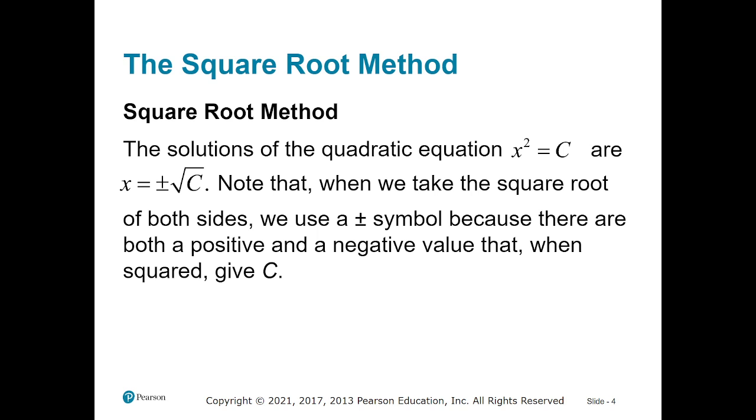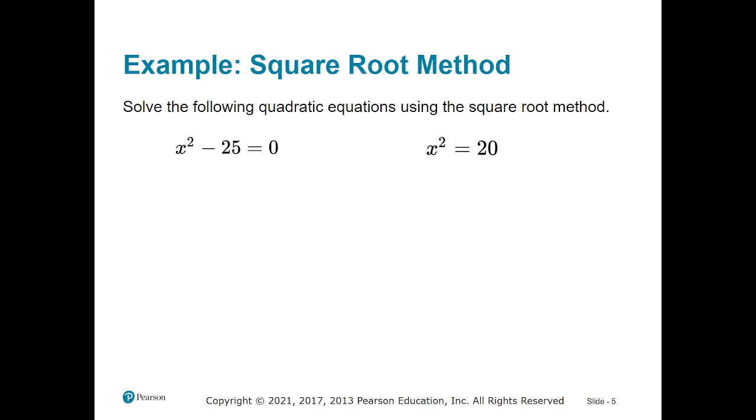Okay, so now we've got some quadratic equations and we are asked to solve them using the square root method. So this first one over here is x squared minus 25, and the other equation is x squared equals 20. So to solve this first one, what we're going to have to do first is we got to get it into our form to use the square root method.